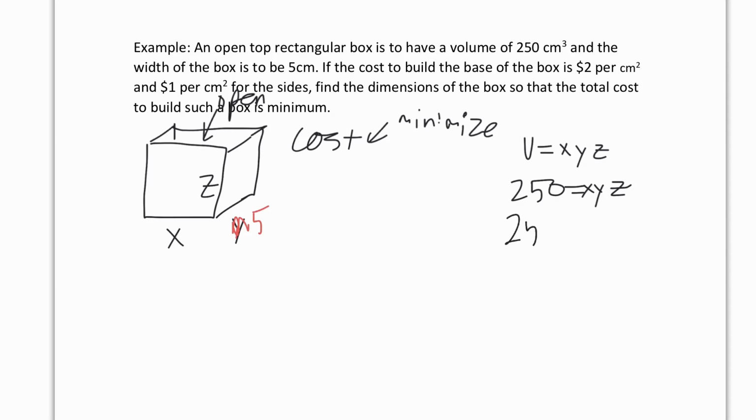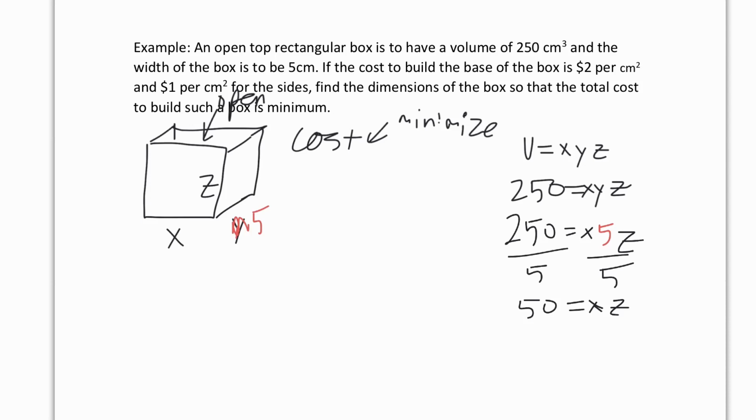And so it's much better to say, okay, this is going to be x times 5 times z. Or we could say, if we divide both sides by 5, we'll get 50 equals xz. We don't want to go adding extra variables if we don't have to, because eventually we're trying to just get down to one variable. And so 2 variables is already a lot, 3 is too many.